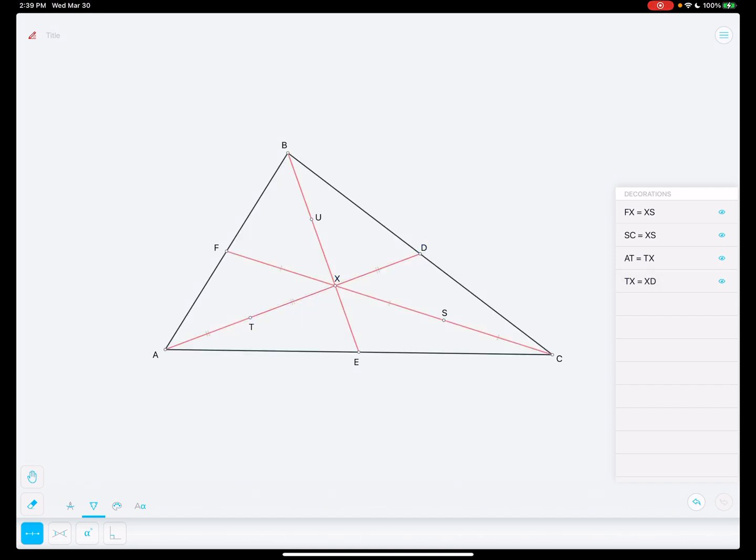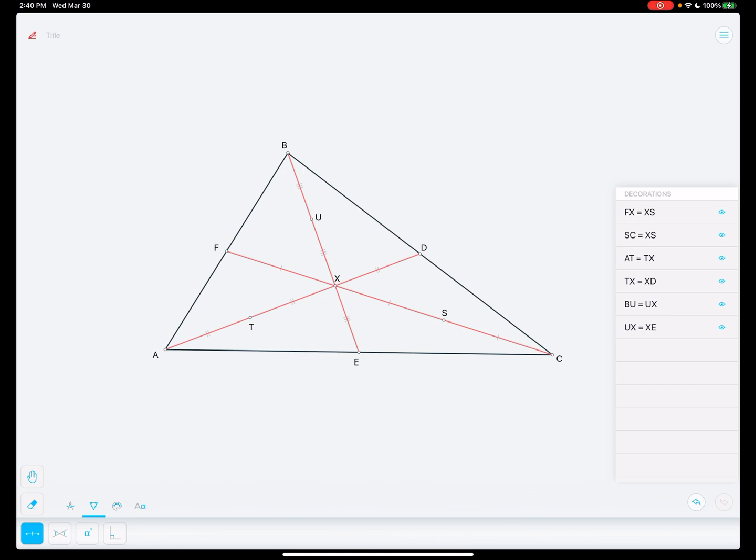And the distance between BU, UX, and XE are also going to be equal. So essentially now we have a couple of 1:2 ratios. The ratio between FX and XC is 1:2. The ratio between XD and AX is 1:2, and the ratio between XE and BX is 1:2.